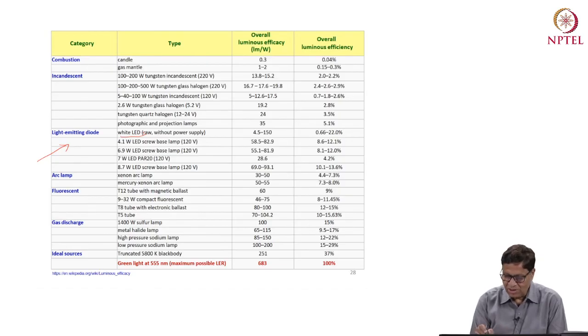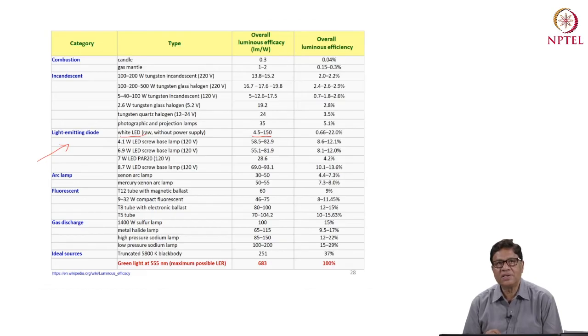So this is how the luminous efficacy is described, and this ranges from 4.5 to 150. There are some sources which have much better luminous efficacy. So we are looking for such sources which are good for illumination, as well as for communication. That we will see later in forthcoming lectures.